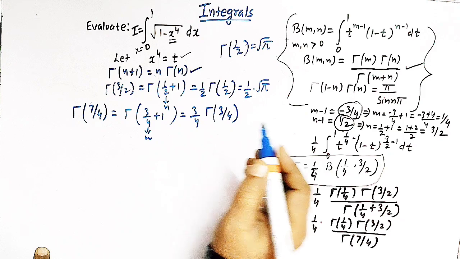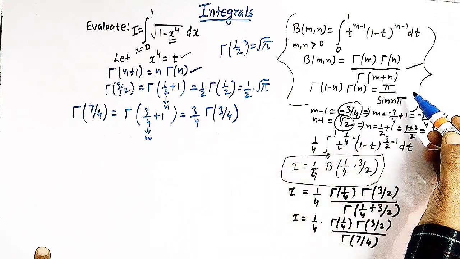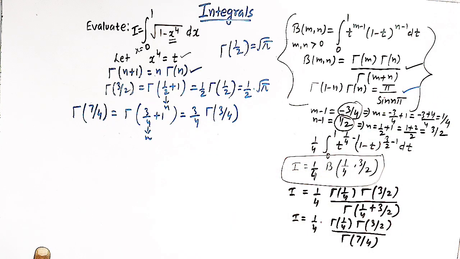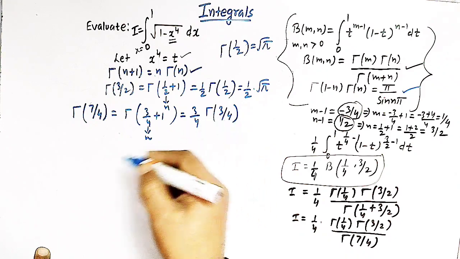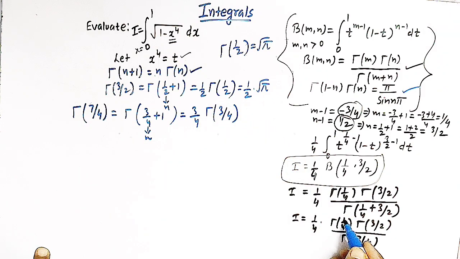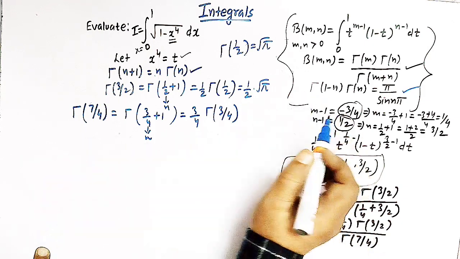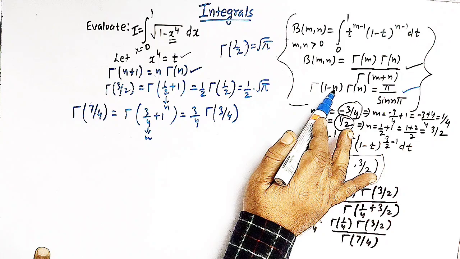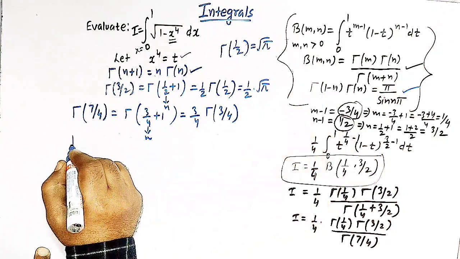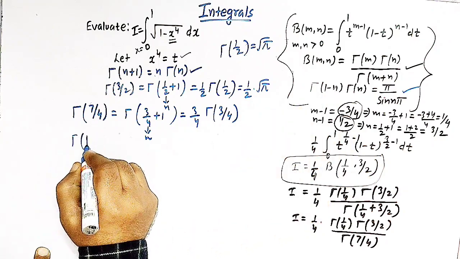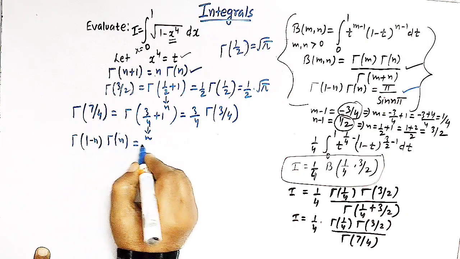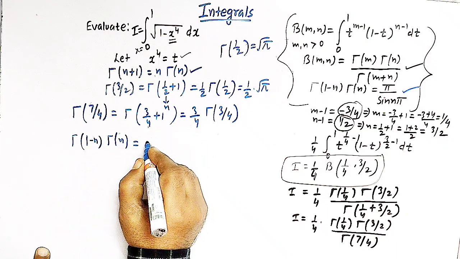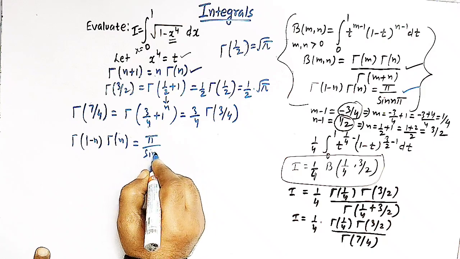Okay, now let us make use of Euler's reflection formula, right? Because we have to express gamma 3 by 4 in terms of gamma 1 over 4, right? So here we can substitute n is equal to 1 by 4. So the Euler's reflection formula is gamma 1 minus n gamma n is equal to we can write pi over sine n pi.